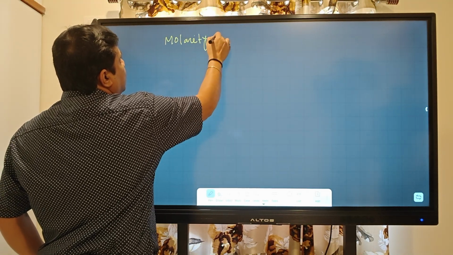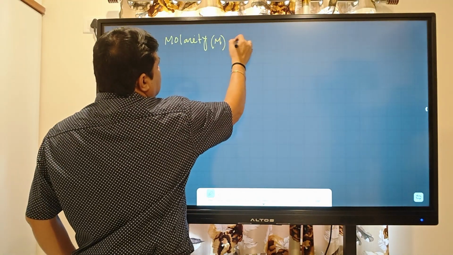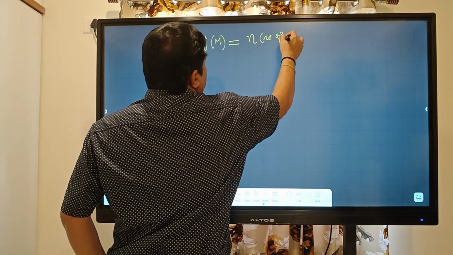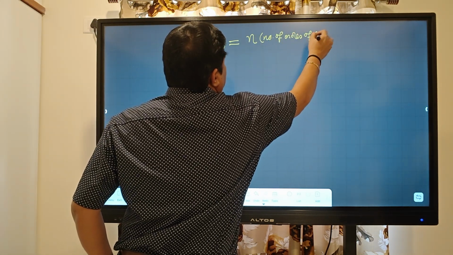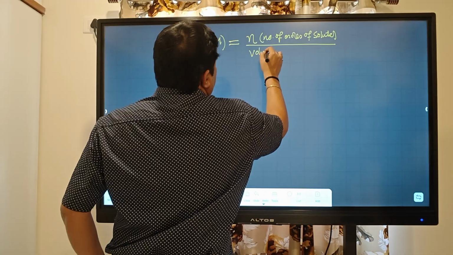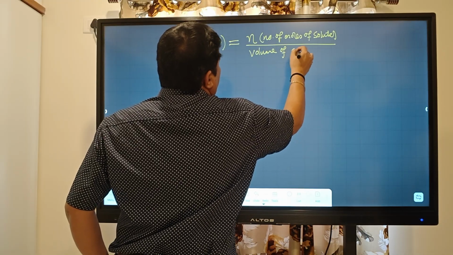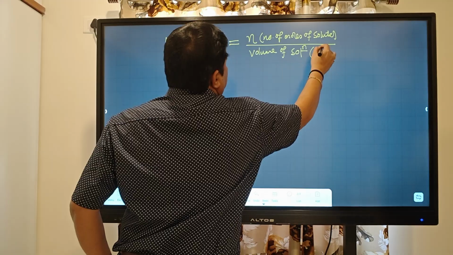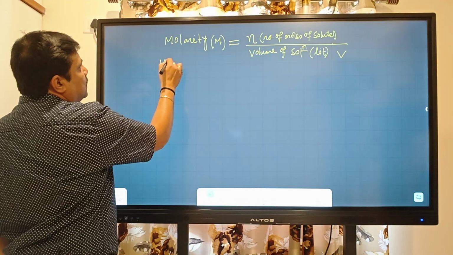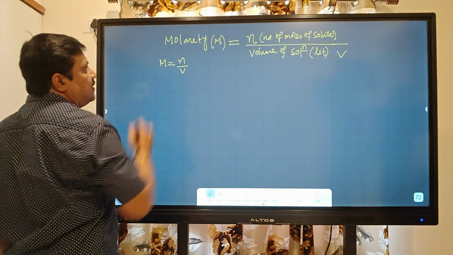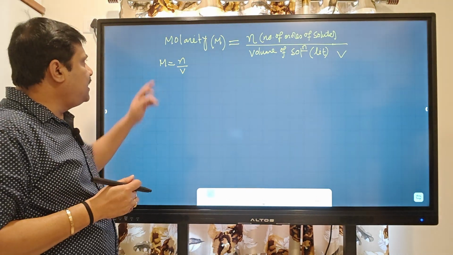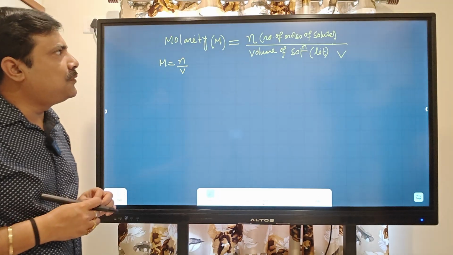It is denoted by capital M. Mathematically, molarity equals the number of moles of solute by volume of solution in liters, which I represent by V. That means M equals n by V, where n is the number of moles of solute and V is the volume of solution in liters.